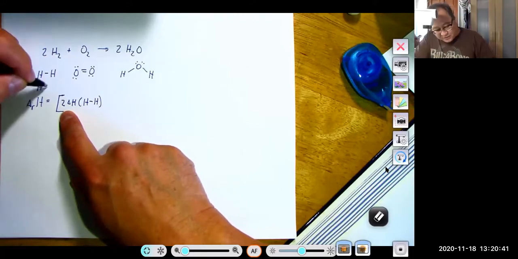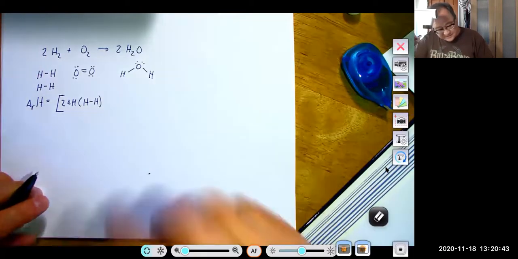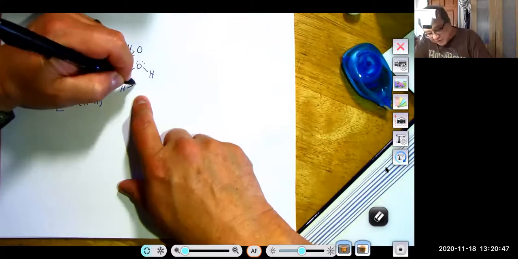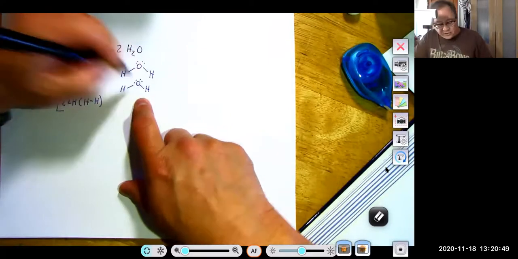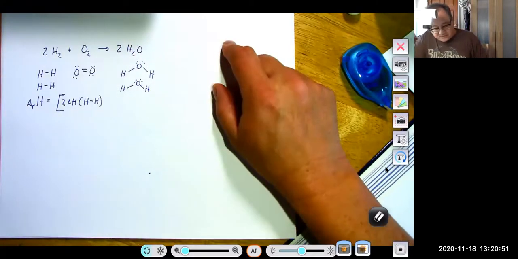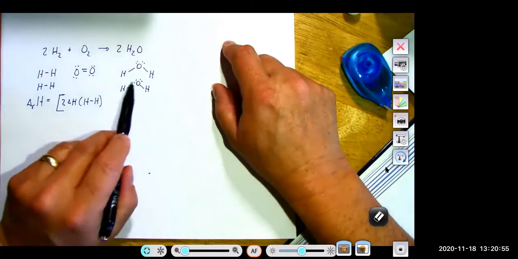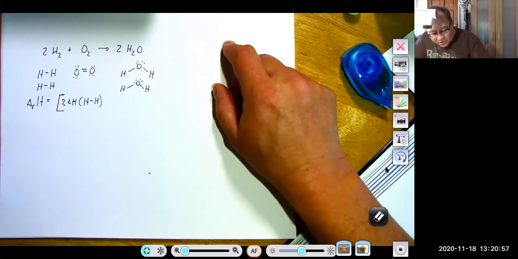So how many bonds do I have to break? 2. And over here, how many hydrogen-oxygen bonds do I form when I make 2 H2O? 4 of them. You see how coefficients make this tricky?